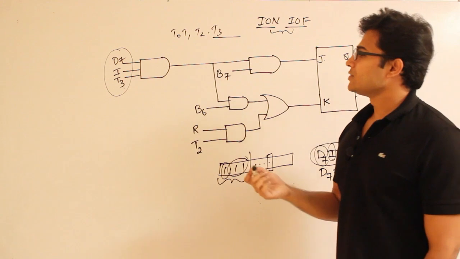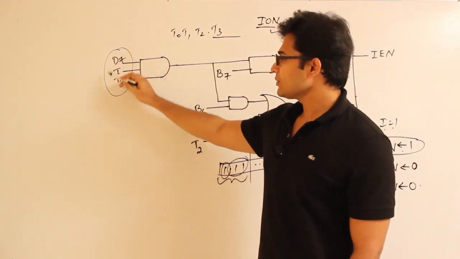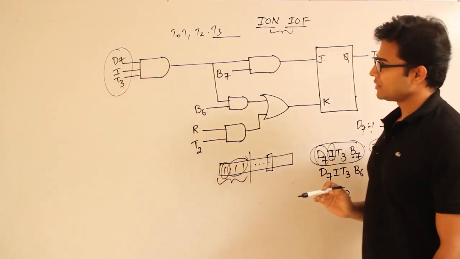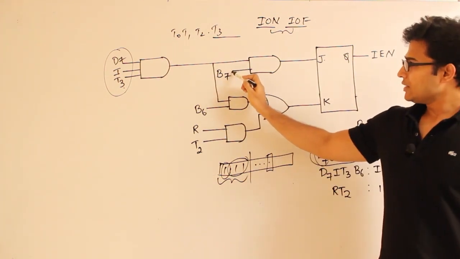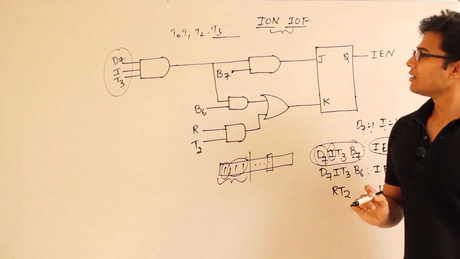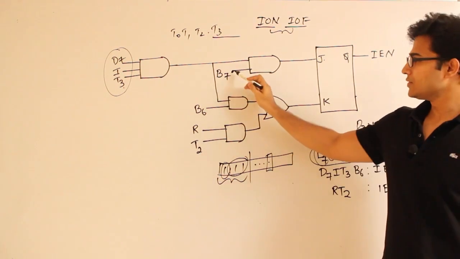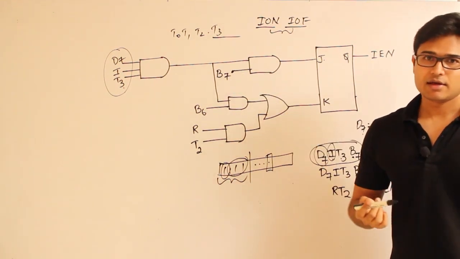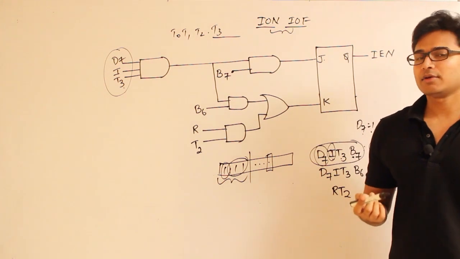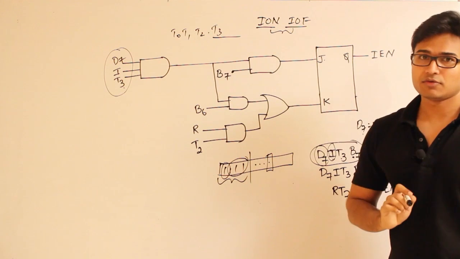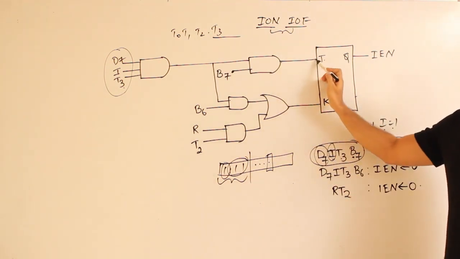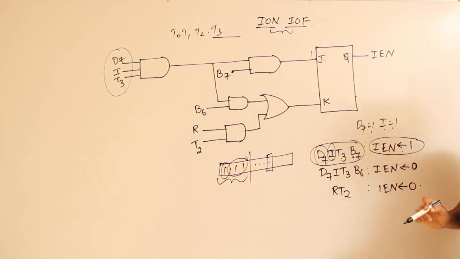Now assume that this is an IO instruction which is getting executed, and if B7 is set in the instruction, which means ION is the instruction, then J should be equal to 1.